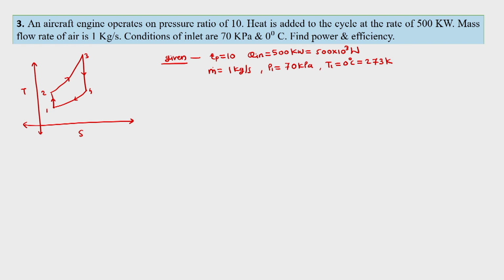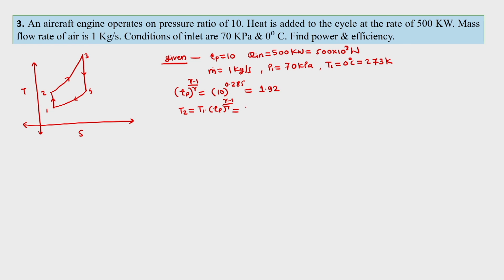So let us first find out a most required number, which is Rp raised to gamma minus 1 upon gamma. So Rp is 10, gamma minus 1 upon gamma is 0.285, so it turns out to be 1.92. Then we can find out T2 hereafter, which is T1 into Rp raised to gamma minus 1 upon gamma.